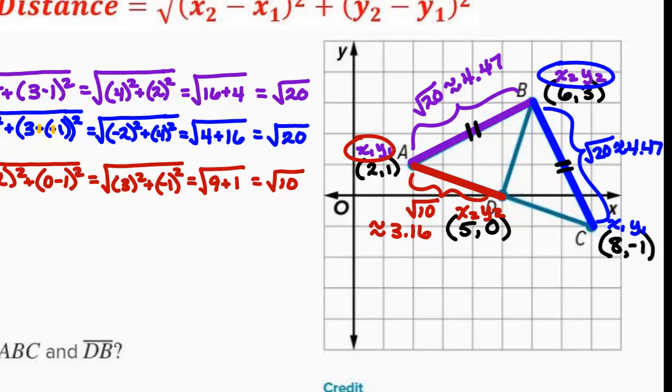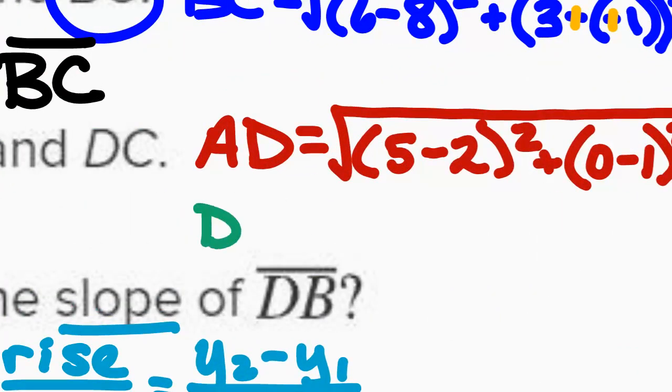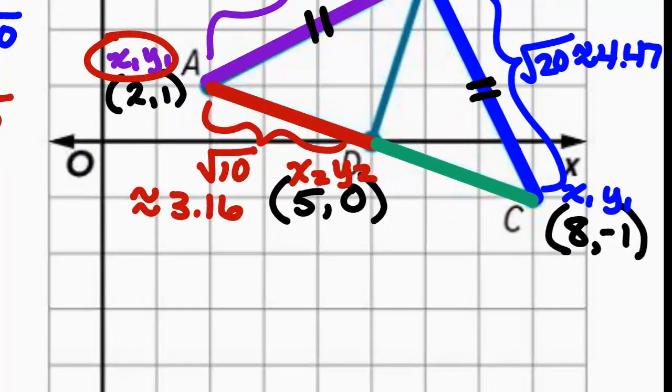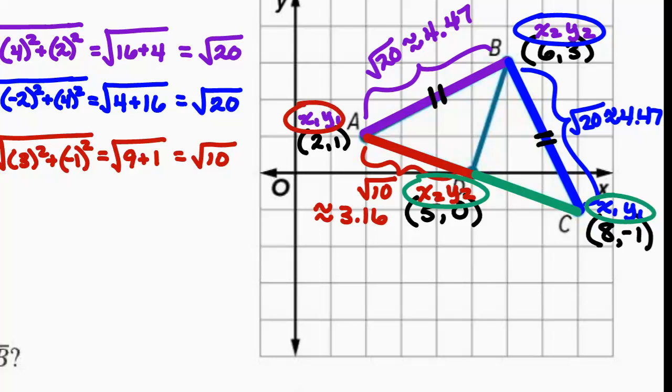And then we need to find the length from D to C. I already have C marked as my (x1, y1), and D marked as my (x2, y2), so I'm going to go ahead and just let that stay that way.